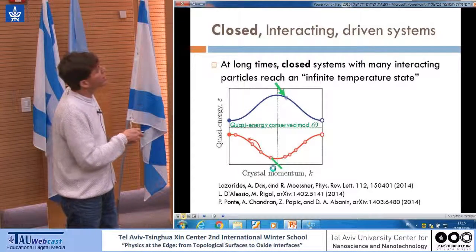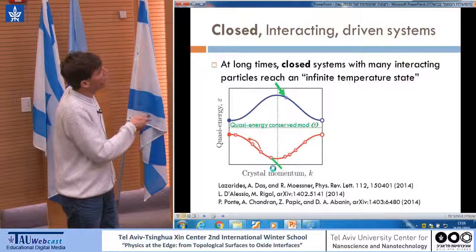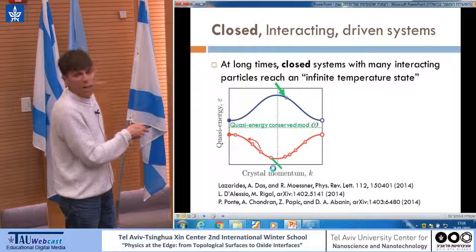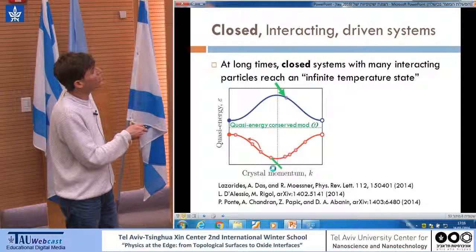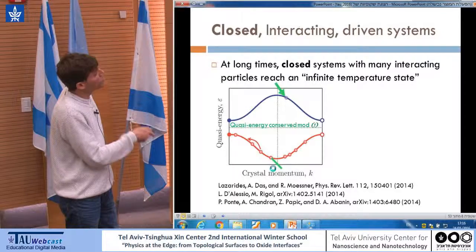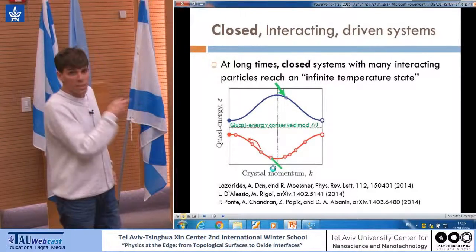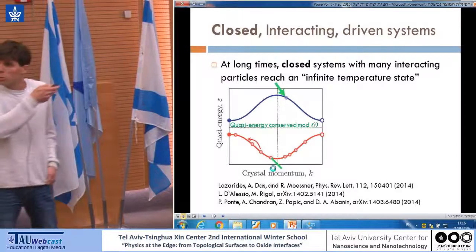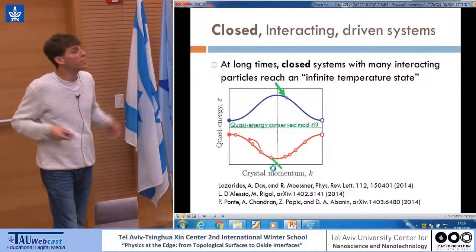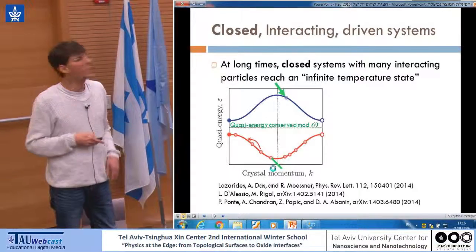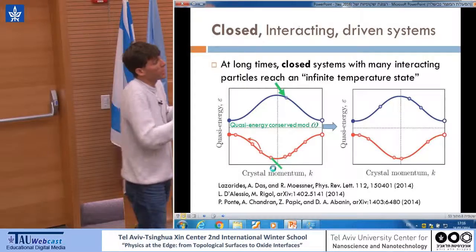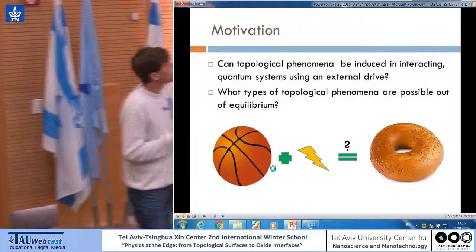Since we've discussed that the quasi-energy is only a periodic coordinate, it's only conserved mod omega, you could easily have situations where you have a scattering process which scatters, say, one particle inside this red band, but actually moves the particle from the red to the blue band and still conserves the total quasi-energy modulo omega. So these types of processes actually tend to increase the entropy of the system and yield this kind of infinite temperature state, which would be completely random, at least in terms of the populations.